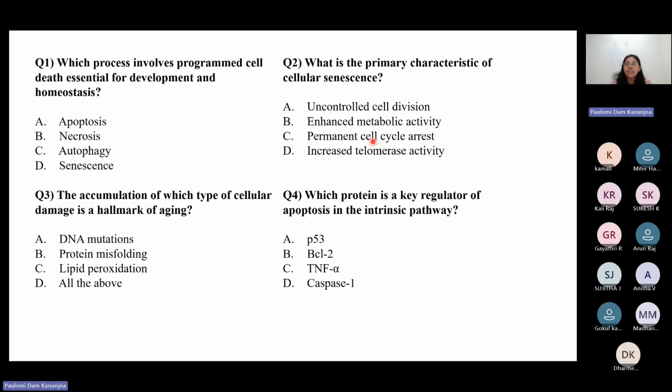What is the primary characteristic of cellular senescence, which is also something that we know already? I think this question is repeated also. The accumulation of which type of cellular damage is a hallmark of aging, and which protein is the key regulator in the intrinsic pathway? These two are probably something that we did not explicitly discuss as a question answer session.